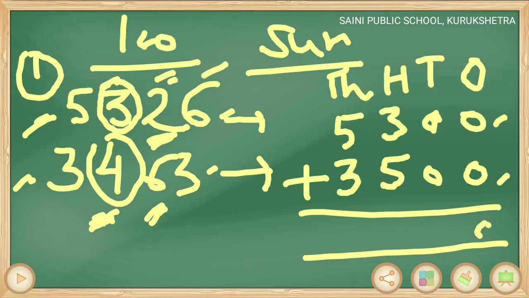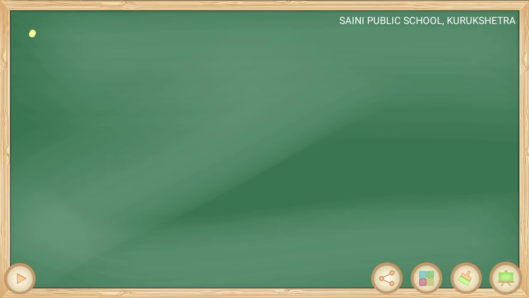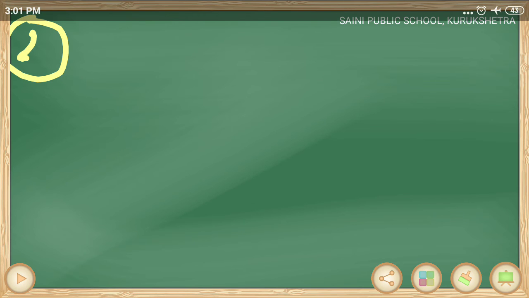At ones place 0 plus 0, at tens place again 0, at 100 place 5 plus 3 is 8, and at 1000 place 5 plus 3 again 8. So our answer is 8800.